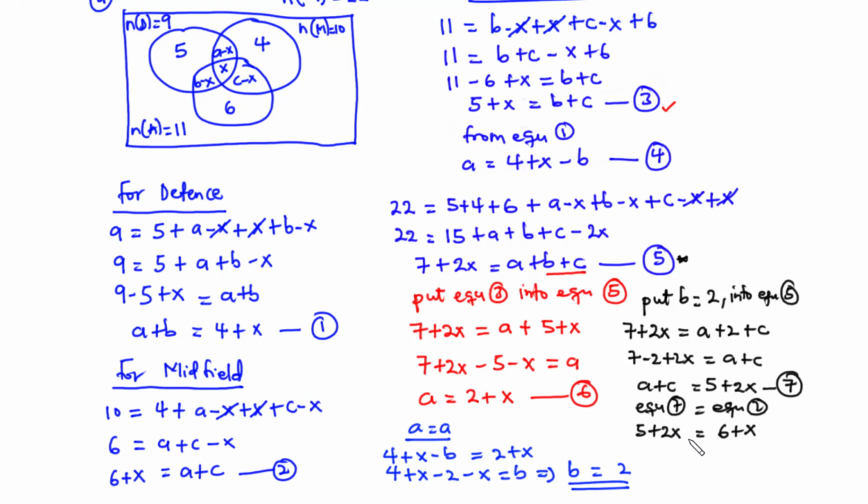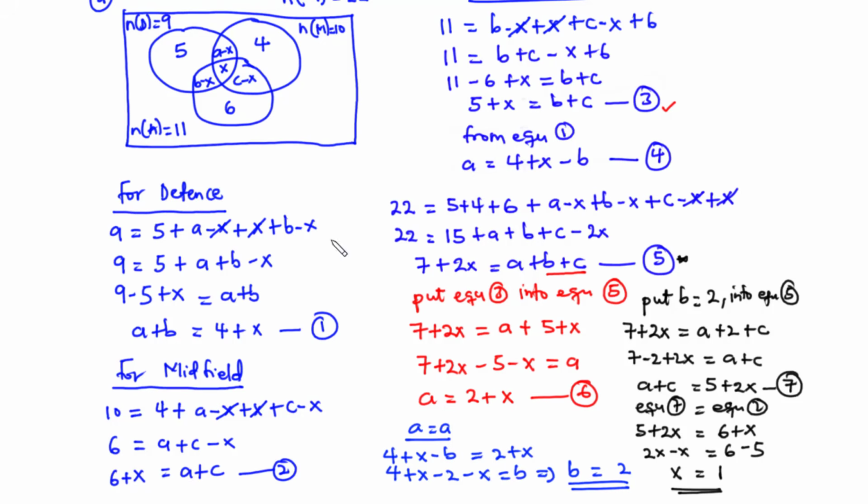Now let's transpose x to the left hand side and then 5 to the right hand side. So that is 2x minus x equals 6 minus 5. Now 2x minus x is x, 6 minus 5 is 1. So we have the value of x to be 1. So the number of players who play all the three positions is 1.